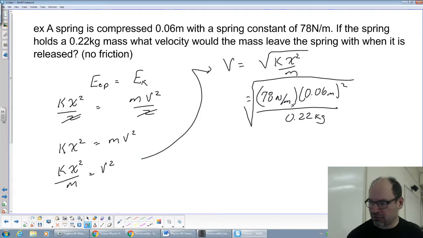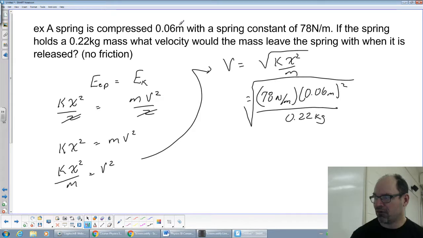So take our calculators out to crunch that up. Okay, so 0.06 squared, that has to happen first because it's order of operations, times 78, divided by 0.22, take the square root. Okay, so if we do that, we end up getting 1.12 or 1.13.